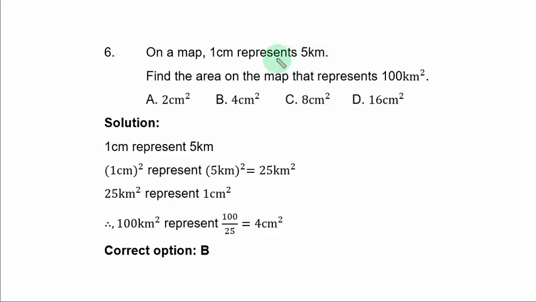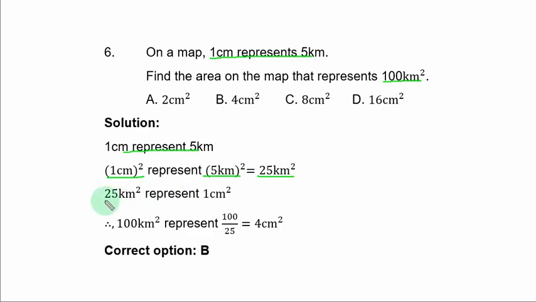Question 6. On a map, 1 centimeter represents 5 kilometers. Find the area on the map that represents 100 square kilometers. Okay, so this is the given unit. Now area is measured in squared unit, so let's convert this to square. So you have 1 centimeter all squared represents 5 kilometers all squared. That simply means 25 square kilometers.